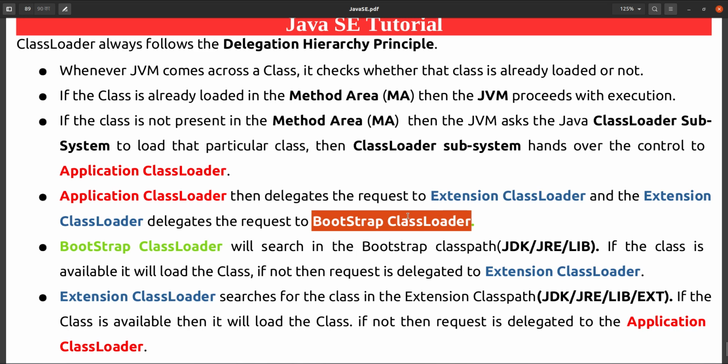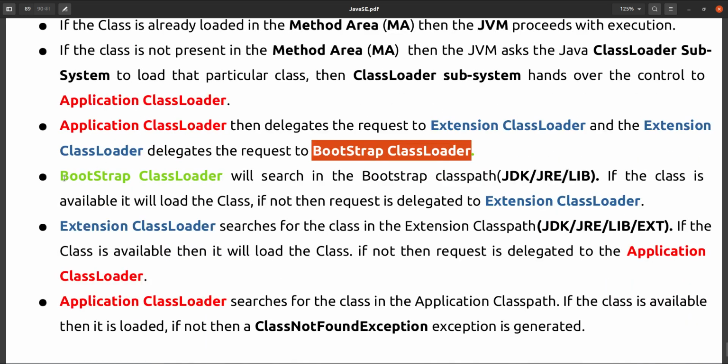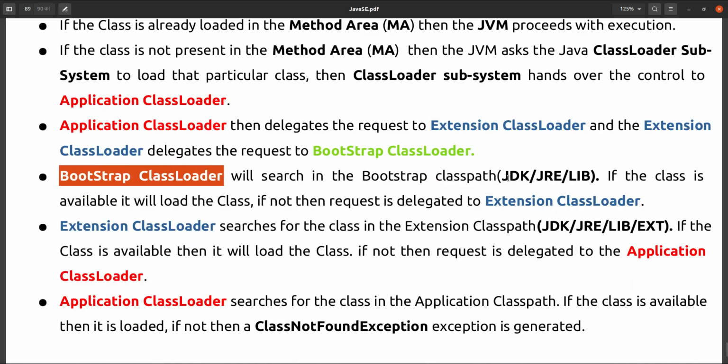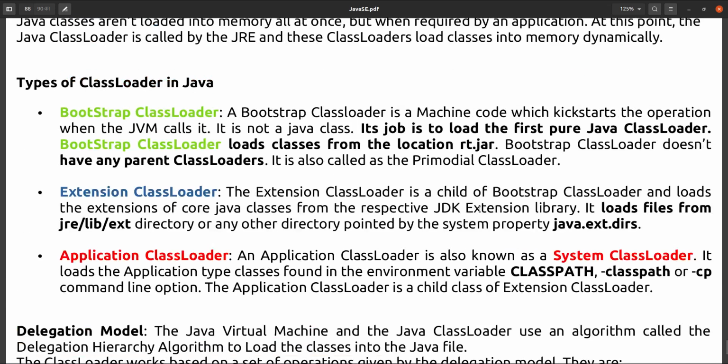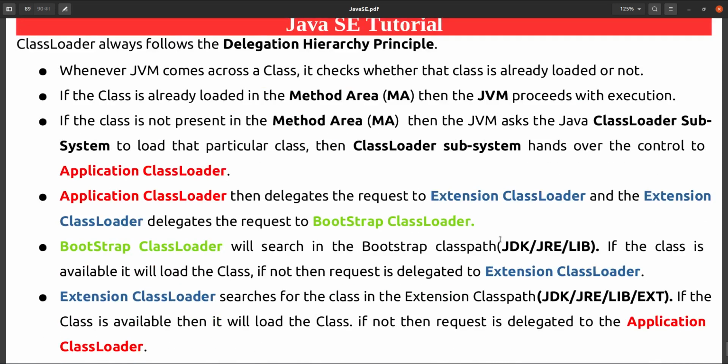Now what will the bootstrap class loader do? This bootstrap class loader will search for the class in this library, and this library is nothing but rt.jar, in the JDK JRE library, the Java runtime environment library.